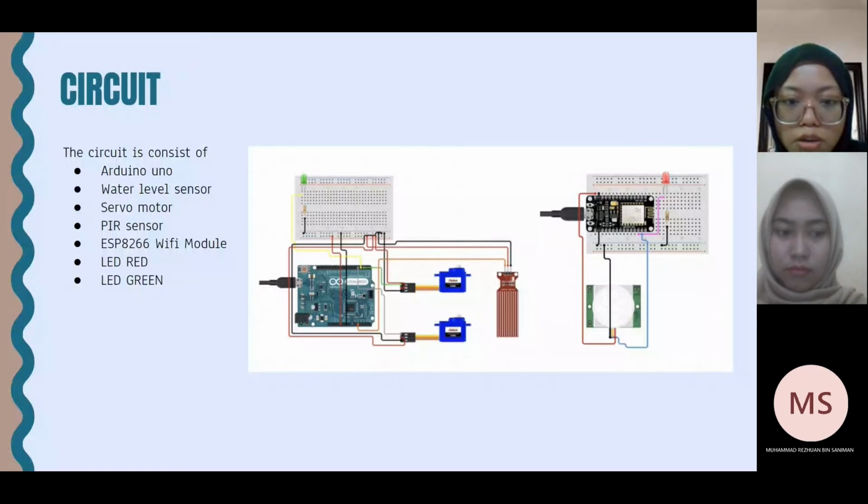Finally, the PIR motion sensor is connected to the ESP8266 Wi-Fi module to detect overflowing water that flows through the slides. Then the red LED will turn on while the Wi-Fi module sends notification to Telegram. It indicates that there is dangerous flood coming to the surrounding area and it is working as an alarming system.